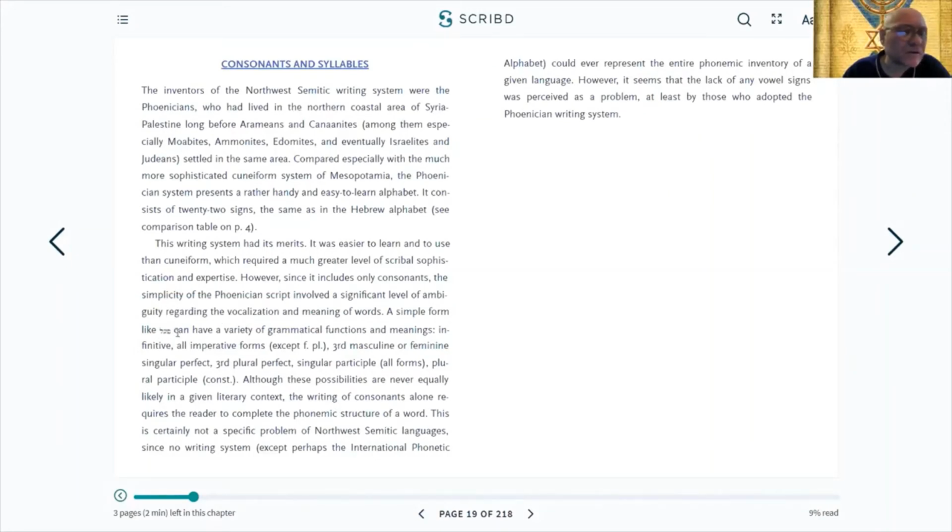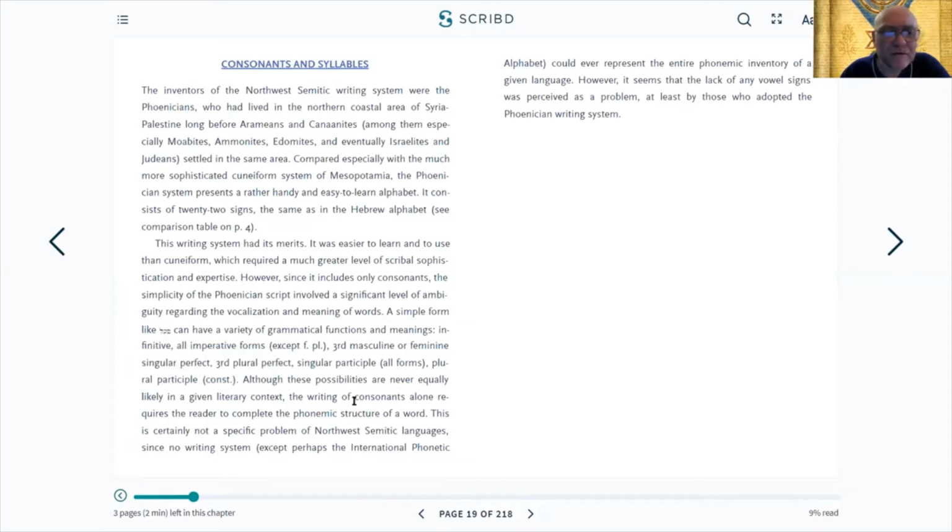It's kind of small script, I notice. It can have a variety of grammatical functions and meanings: infinitive, all imperial forms, except feminine plural, third masculine or feminine singular perfect, third plural perfect, singular participle, all forms, plural participle.